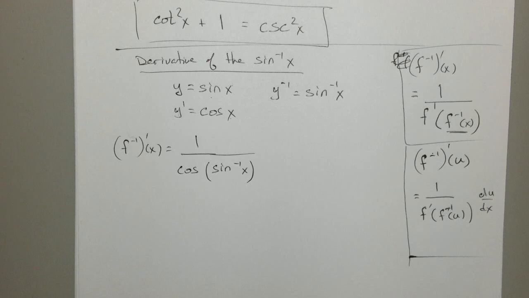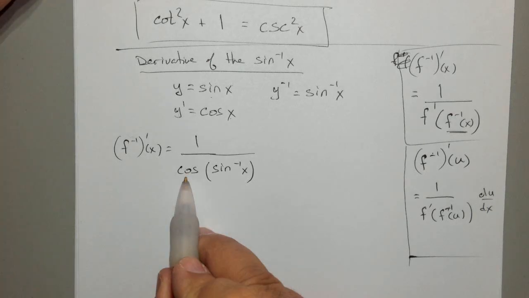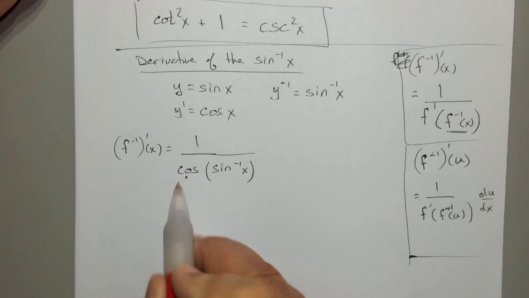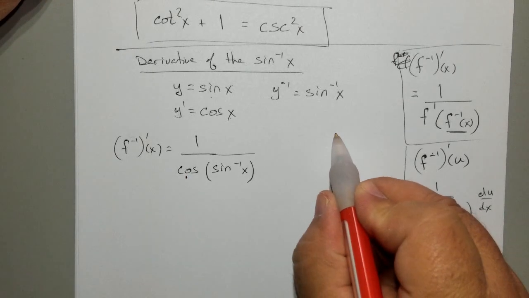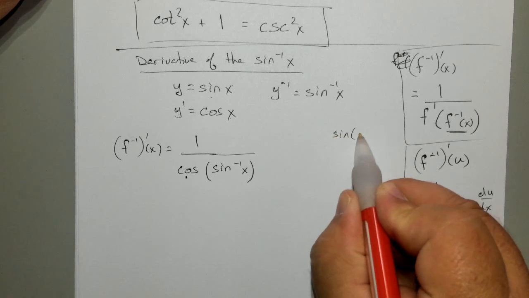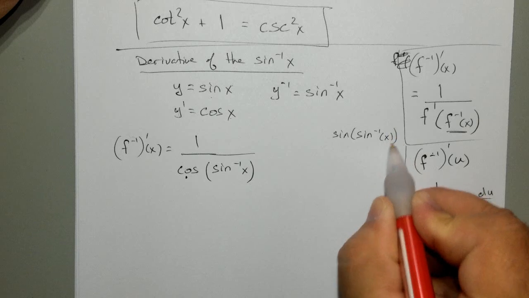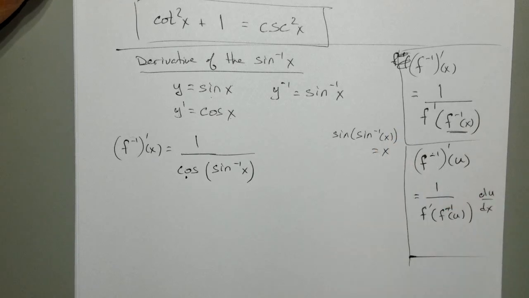But we can't do too much here. Remember, the sine of the inverse sine of x is x, because they're inverses of each other.